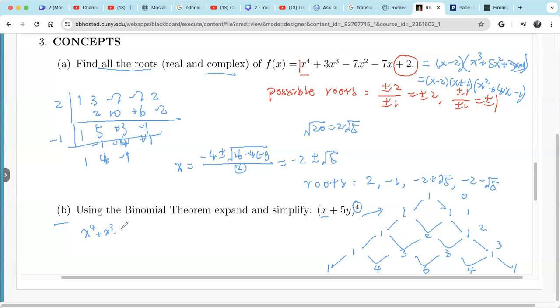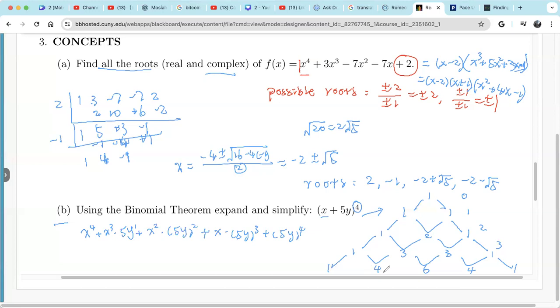But now it's 5y raised to 1, just 5y. Then the third term would be x squared times 5y squared. So each term has degree 4 in total. See, this is degree 4. Degree 3 plus y, degree 1, that's degree 4. x has degree 2, y has degree 2, that's degree 4. Then x times 5y raised to 3. Then in the end, x raised to 0, which is just 1, times 5y raised to 4.